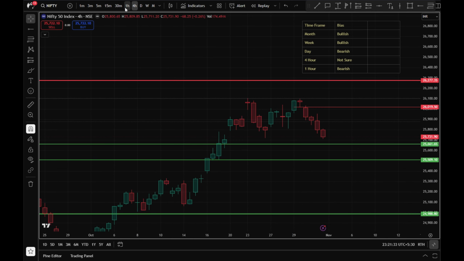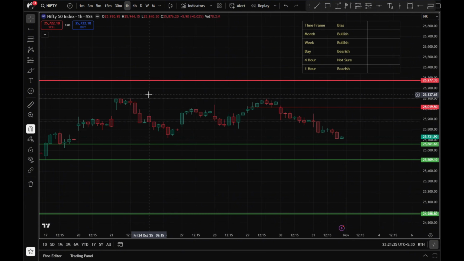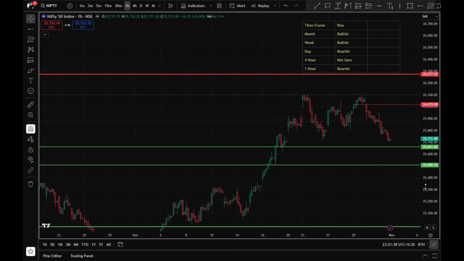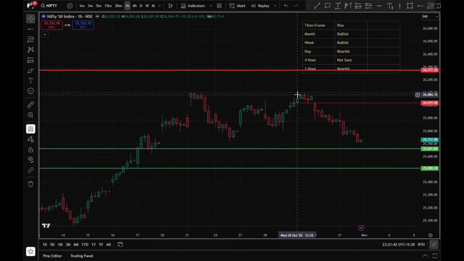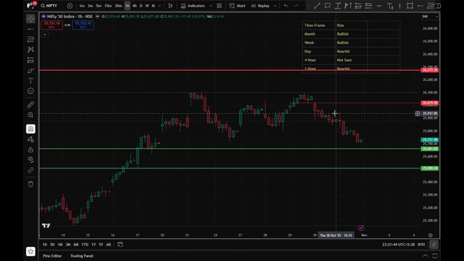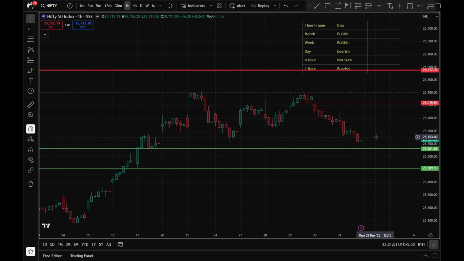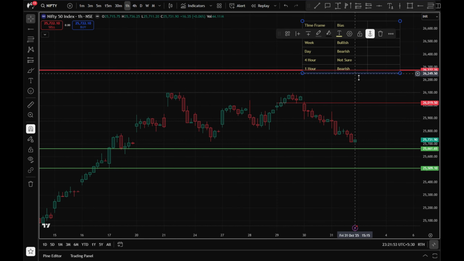So it's not advisable to take trades on that time frame. Now let's go to the hourly time frame, and in the hourly time frame it is this high and then this high. So it's a lower high that's being created, so it is bearish. Yeah, it has always been bearish.